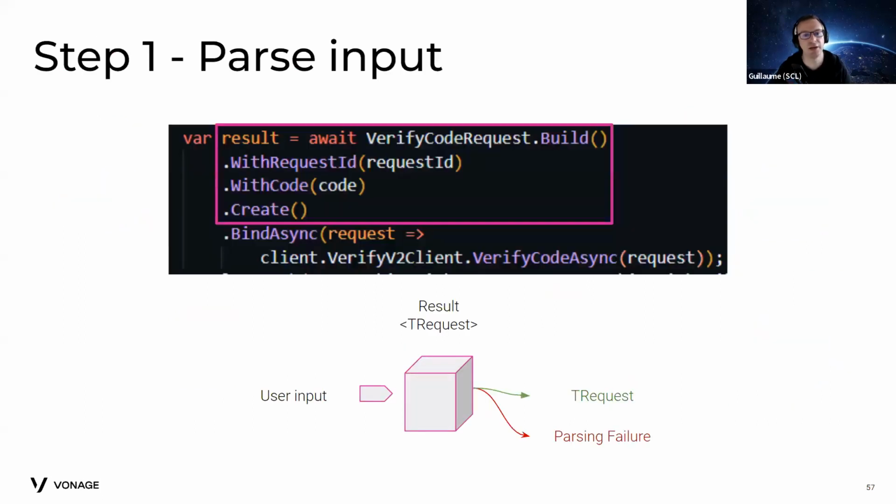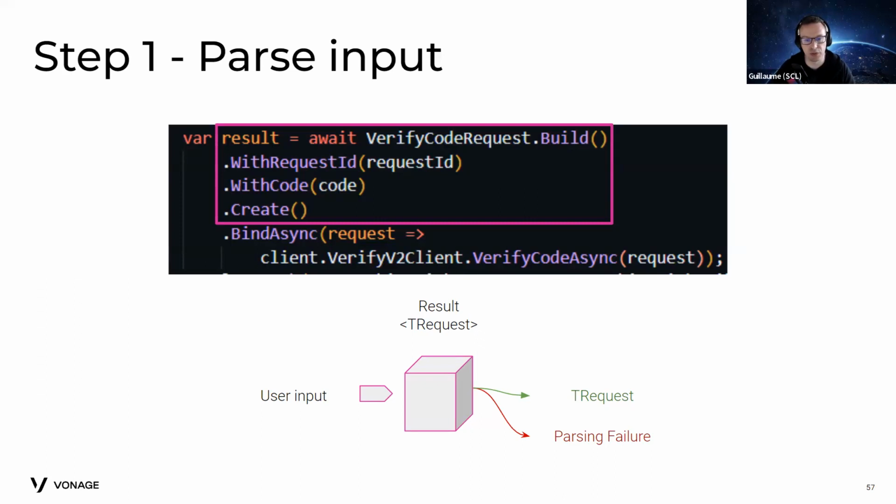So first, I parse the input. This is an example from our two-factor authentication API, at the stage where someone requested a two-factor authentication, received the code, and needs to fill in the code to be able to authenticate and go through with the process. So the first thing I do is create a request.